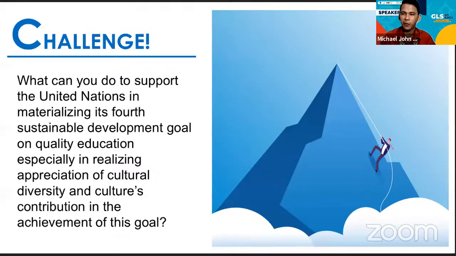Again, what can you do to support the United Nations in materializing its fourth Sustainable Development Goal on quality education, especially in realizing appreciation of cultural diversity and culture's contribution in the achievement of this goal?